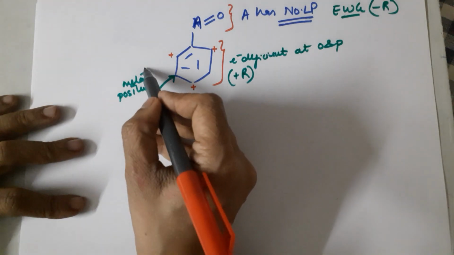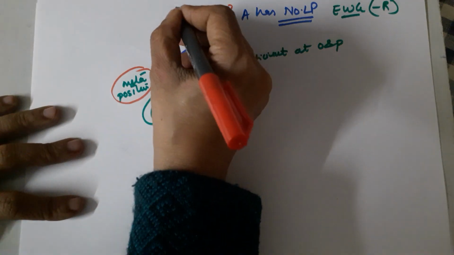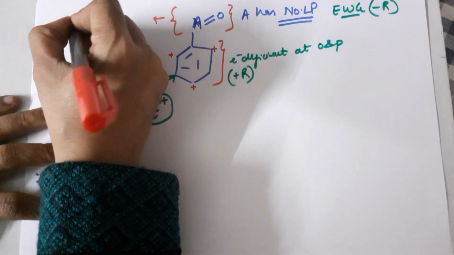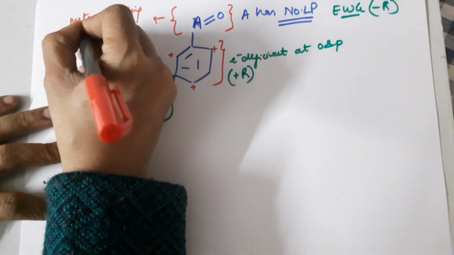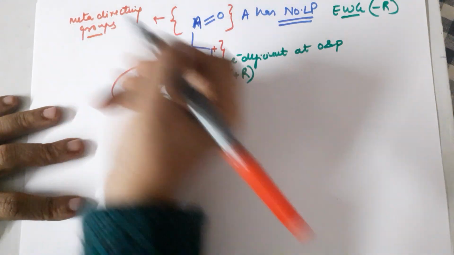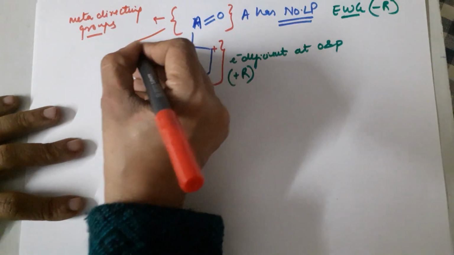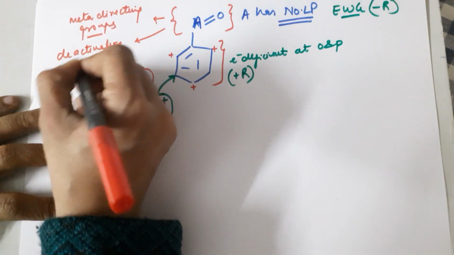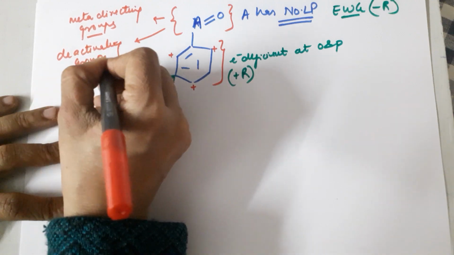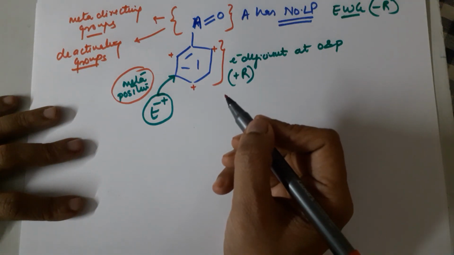Since your electrophile attacks the meta positions, this group is also known as the meta directing groups. Also, they are known as the deactivating groups because they pull the electron density from the benzene ring.